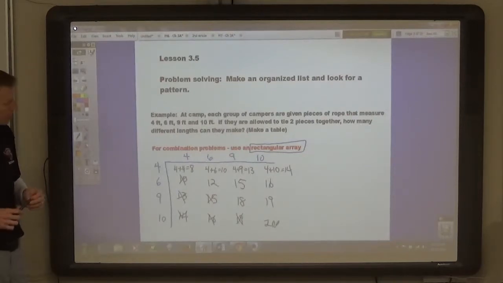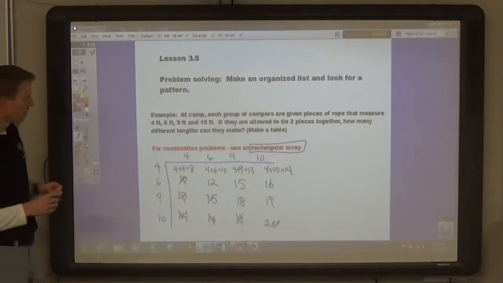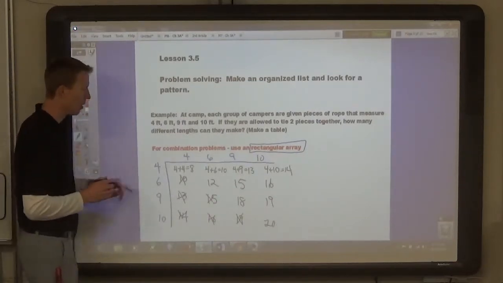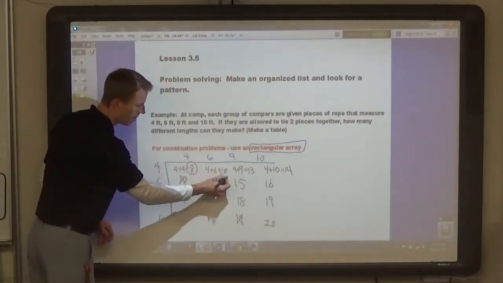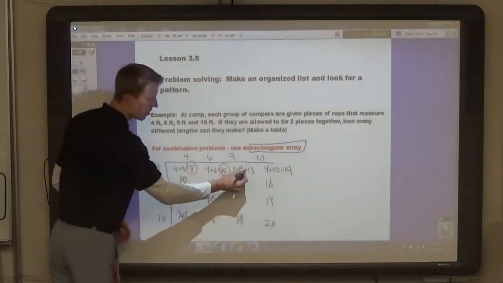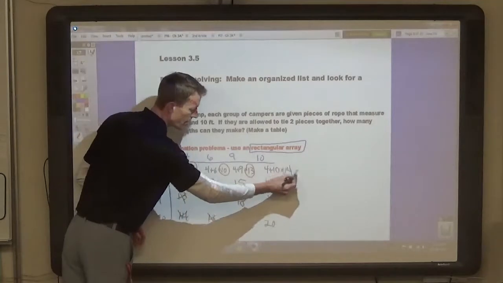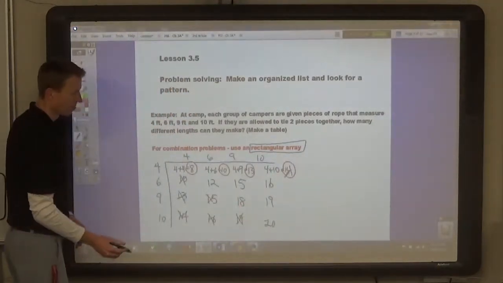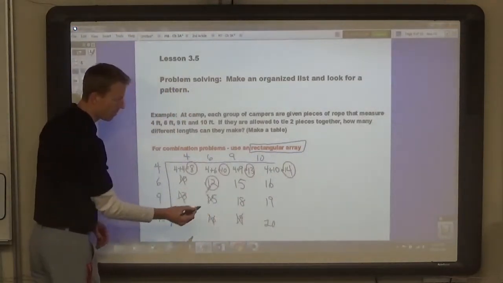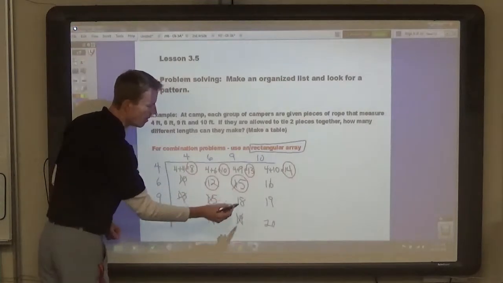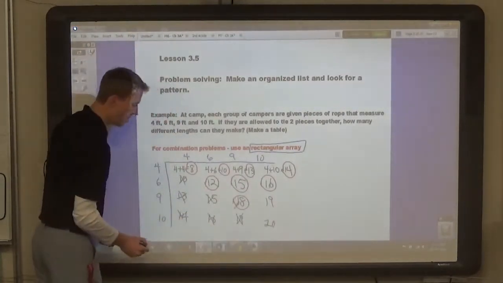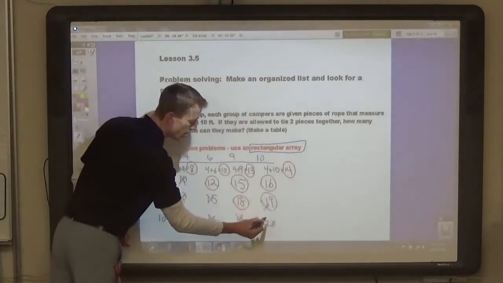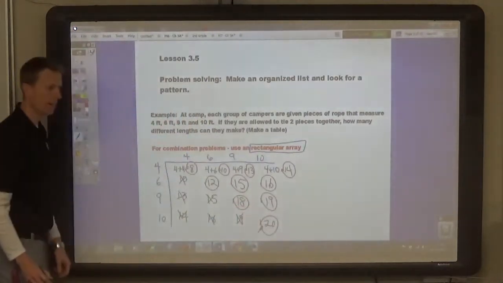Jacob? Oh, you can make 4 different lengths. 4 different lengths? Oh no, sorry, 5. Well, let's count them. We can make an 8-foot, a 10-foot, a 13, a 14, a 12, a 15, a 16, an 18, a 19, and a 20, right?